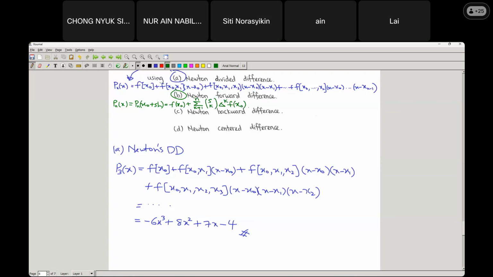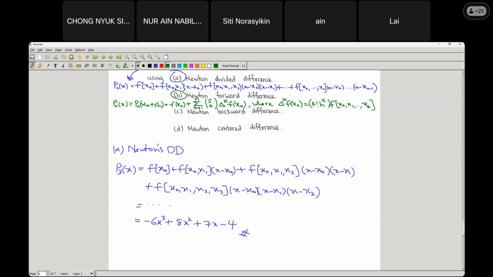I just put the notes here where we know that triangle^k f(x0) is equal to k factorial times h to the power of k times f[x0, x1, ..., xk]. So this is the formula for Newton forward difference.